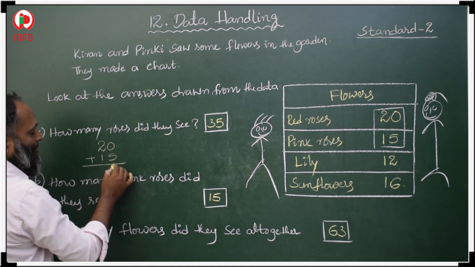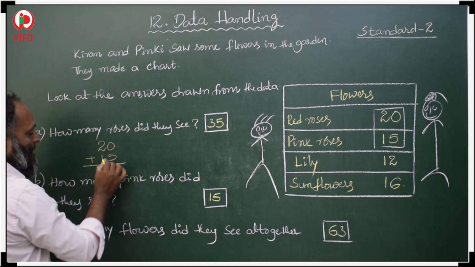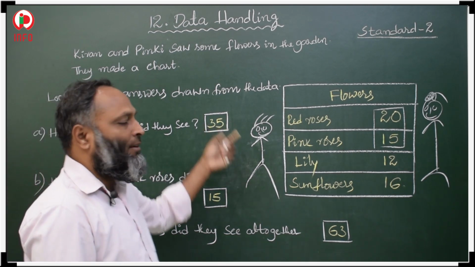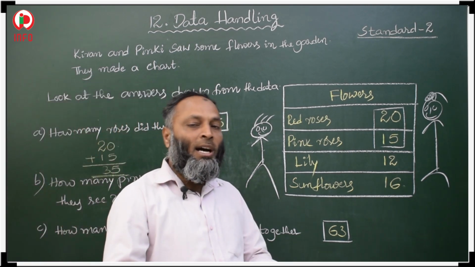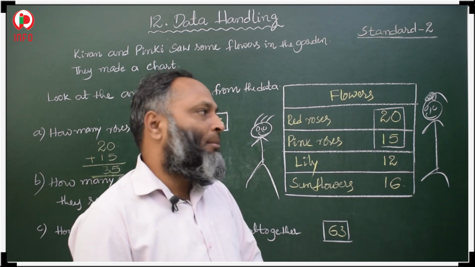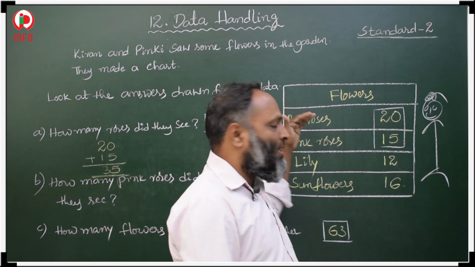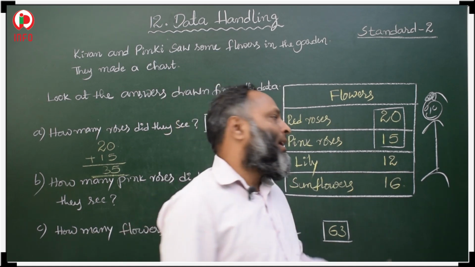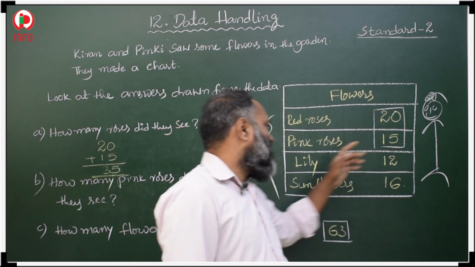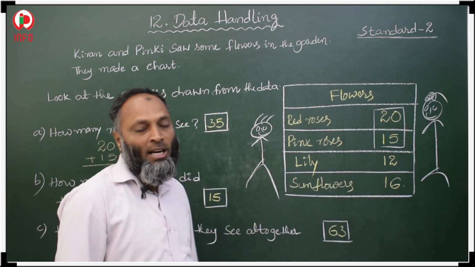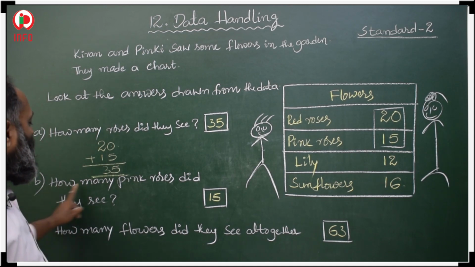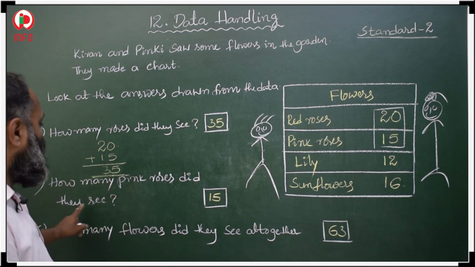Now 0 plus 5 is 5, 2 plus 1 is 3, so 35. In total they saw 35 roses. When asked how many roses they saw, we just add red roses and pink roses, the complete rose flowers, and we get 35. Like this we get our answer. The next question: how many pink roses did they see?